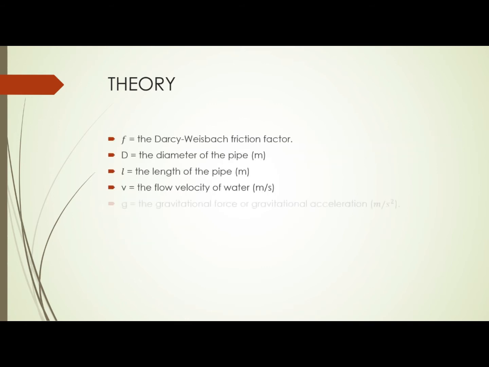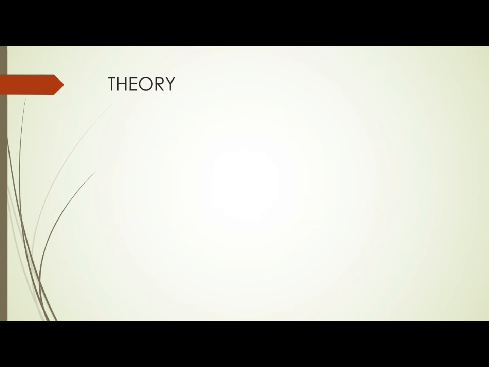These are the points needed to calculate head loss: the f, the D, the L, the V. Then the friction factor calculation. For the friction factor, there are three types.